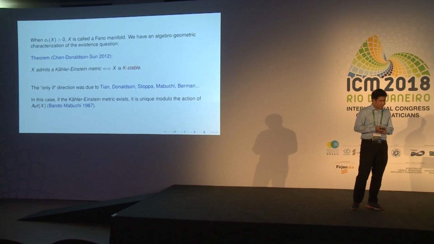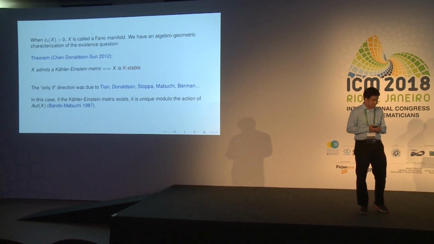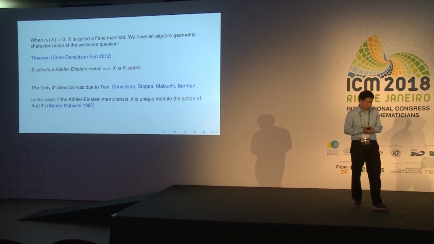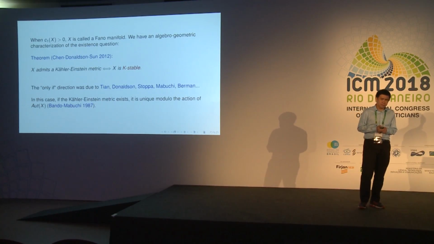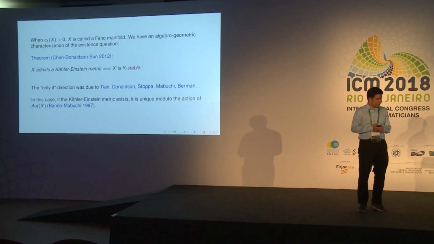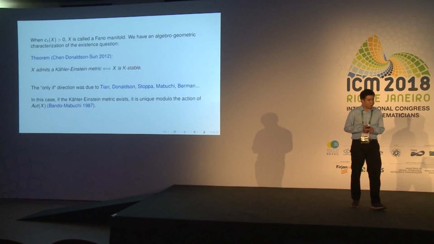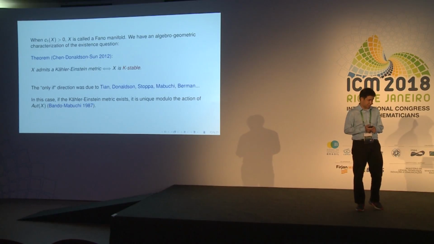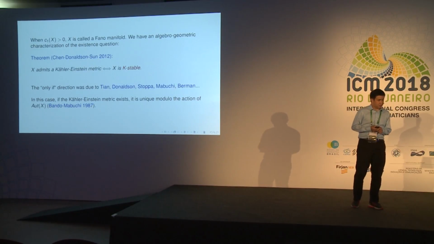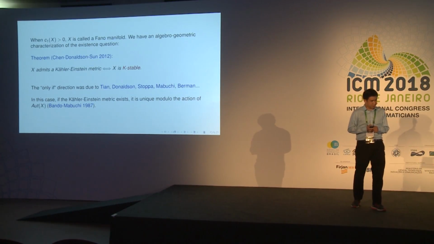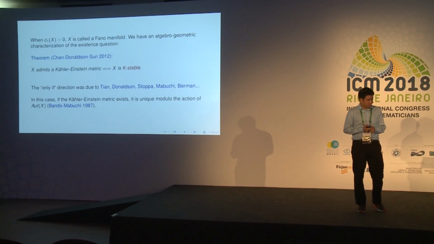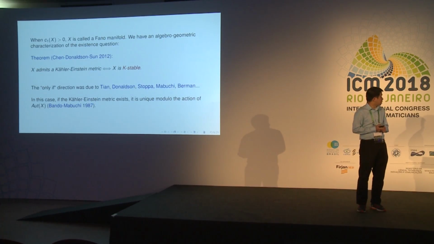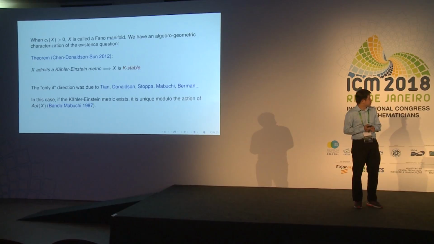In the case when the first Chern class is positive, which in algebraic geometry is called a Fano manifold, it's known that you cannot always find a Kähler-Einstein metric. So the Calabi conjecture does not hold in this case. But now we have a geometric characterization of this existence question.